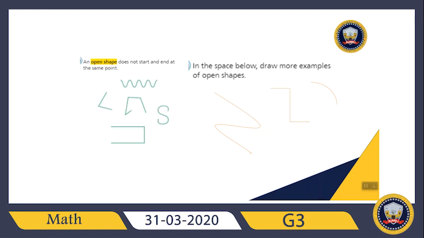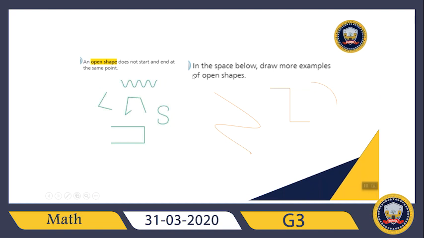And this is an open shape. An open shape does not start and end at the same point. Look at this. The wave starts from here and goes here, and it's not ending here.